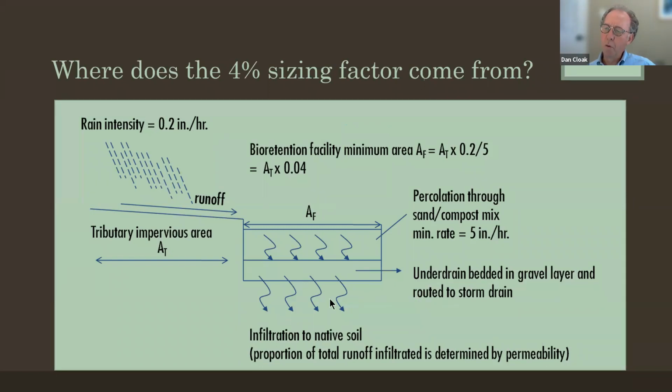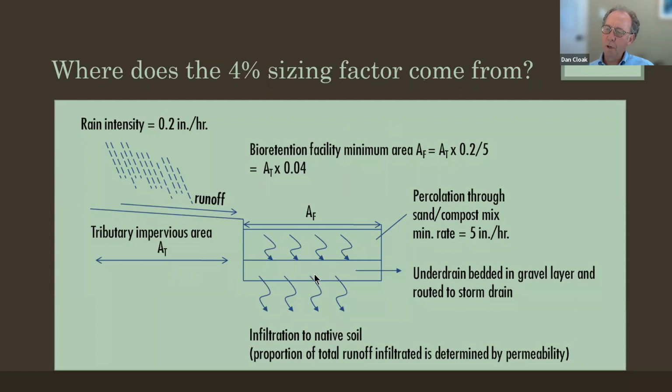So the reason that the infiltration rate of the native soil doesn't matter is we're trying to get everything we can out of it, but if we can't get it, usually the most typical reason this fails is that the bioretention facility was located in a place where the soils are completely saturated during a heavy rainfall event or at the end of a wet season anyway, because of the way that the clay lenses are oriented in this slope.